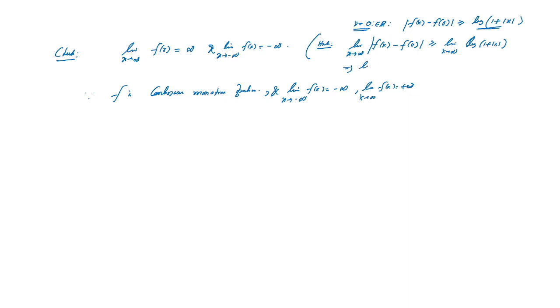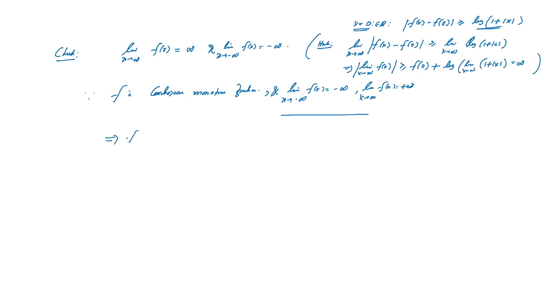So this will be limit of mod fx, and f0 is basically a constant. It is greater than or equal to f0 plus logarithm of limit x tending to infinity of 1 plus mod x, and that will be basically infinity. And from that you can conclude this result.